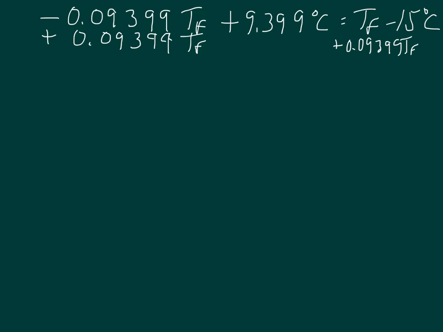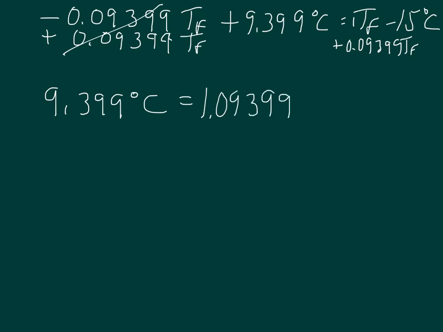Now we're going to end up with 9.399 degrees C is equal to, because remember this is a 1.09399 times TF minus 15 degrees C.